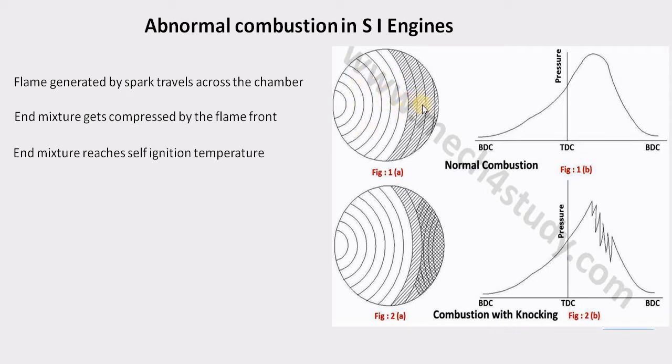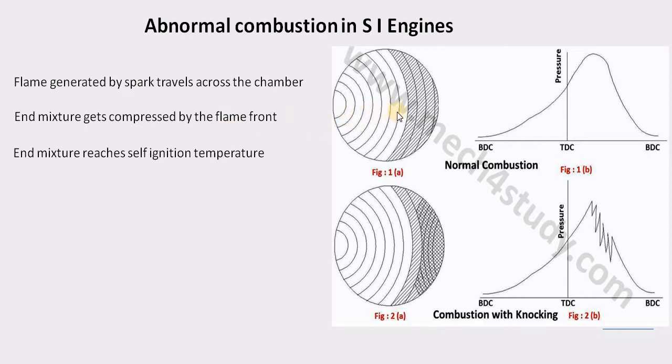Obviously the liquid fuel is being converted into gases, so the mixture here is in gaseous form. The volume of this mixture is higher, due to which the pressure in this region is going to increase, and due to this higher pressure on the back side of your flame front, the unburned mixture is getting compressed.